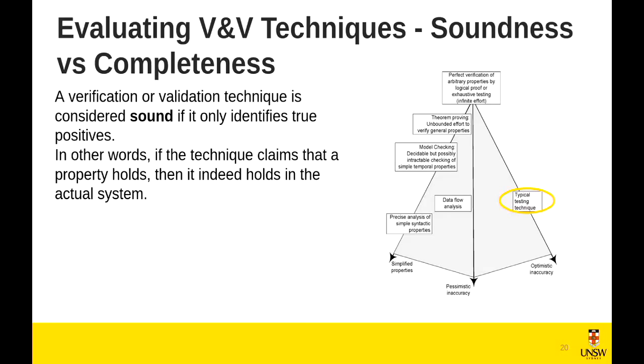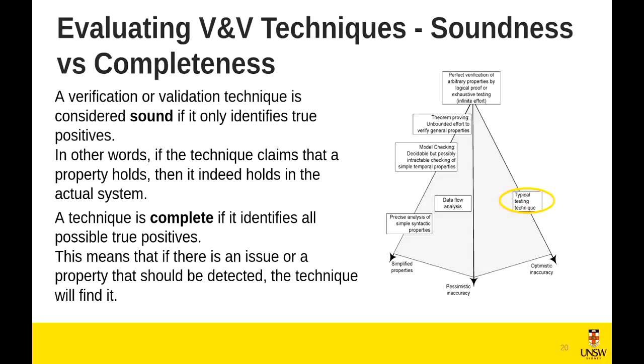If this technique tells you that there's a bug in the software, then there is a bug. So there's never a false alarm. And this is called sound. Completeness means that this technique could report all the potential bugs, all the issues, but it may give you some false alarms, and that is called complete.